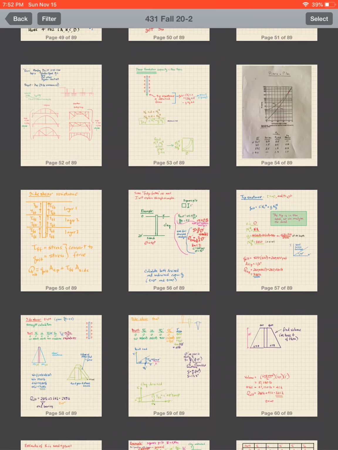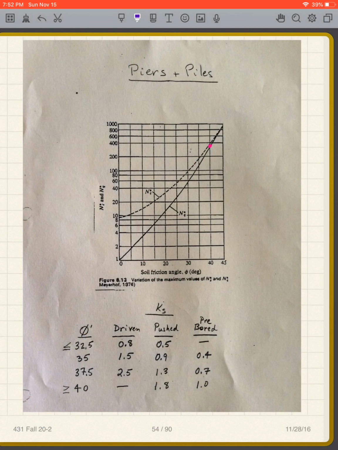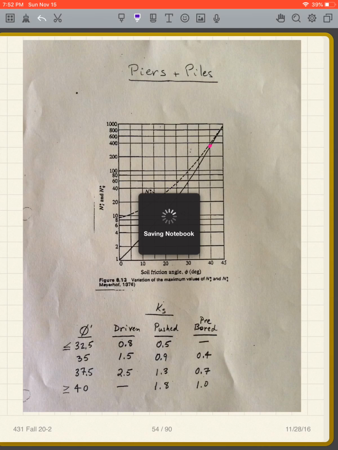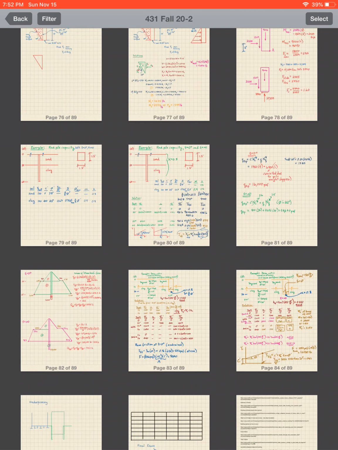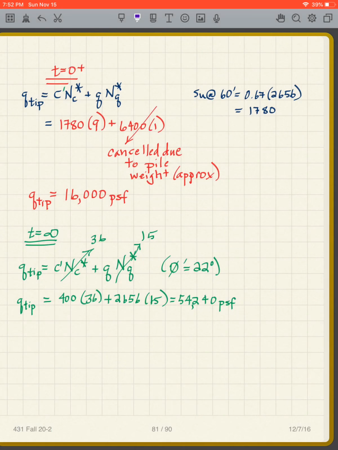22 degrees takes us over here, and that's approximately 18 or something, and that one's about 40. So approximately, I don't know what I use, but approximately 18 and 40, okay, 15 and 36, close enough.